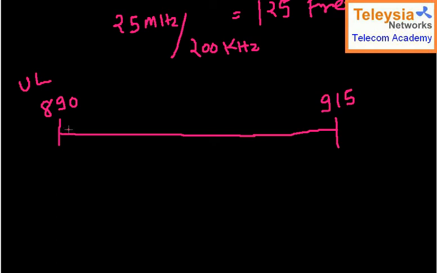And the second frequency is, for example, 890.2, as one frequency is 200 kilohertz. So this is our carrier frequency or center frequency. From here, we take 100 on this side and 100 on this side. So you can see this is our one frequency.